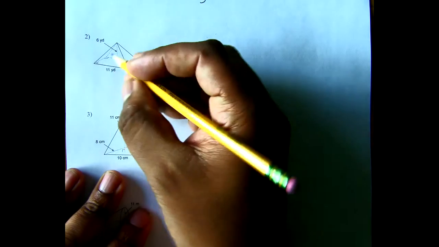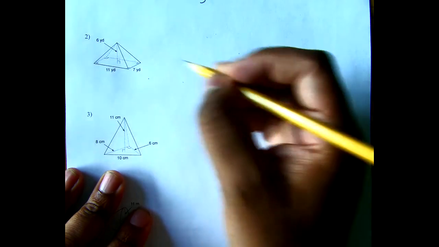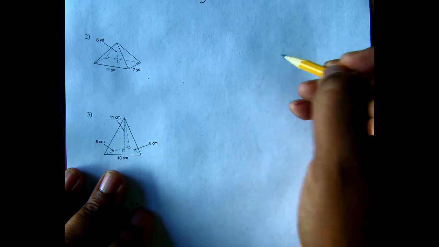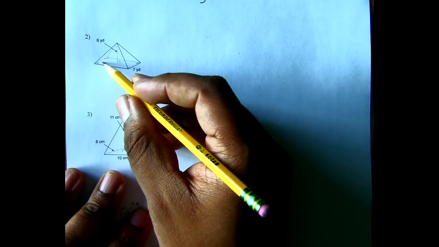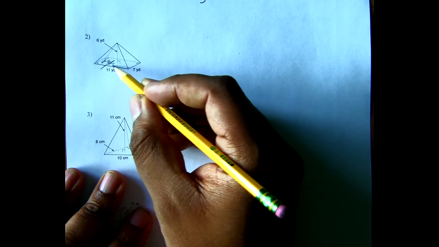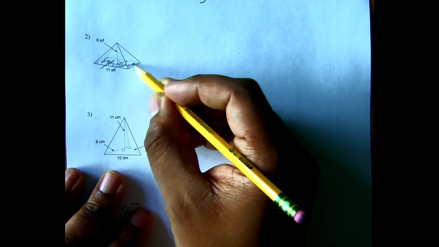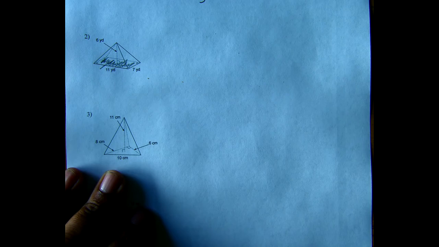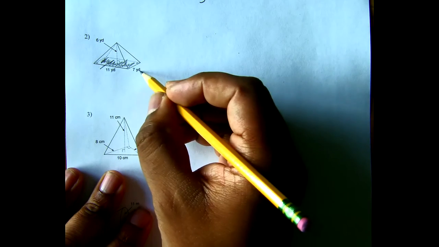Here we have a rectangle, and it's going up to a point, which makes it a pyramid, and we're going to find the area of this part here. Shade it in this time. Find the area of that amount there. Okay, so that's going to be 11 times 7.